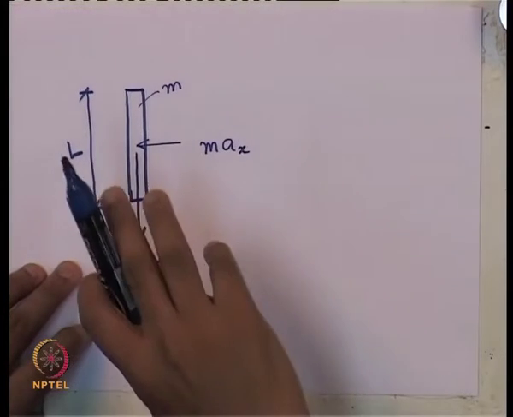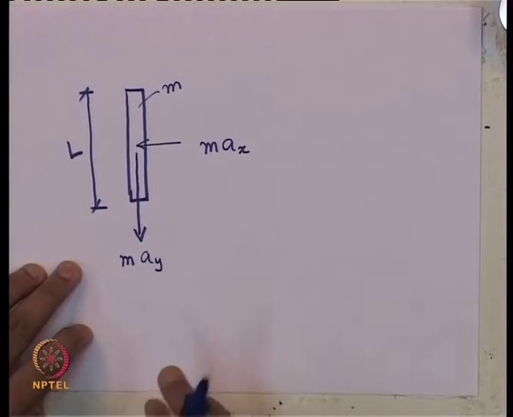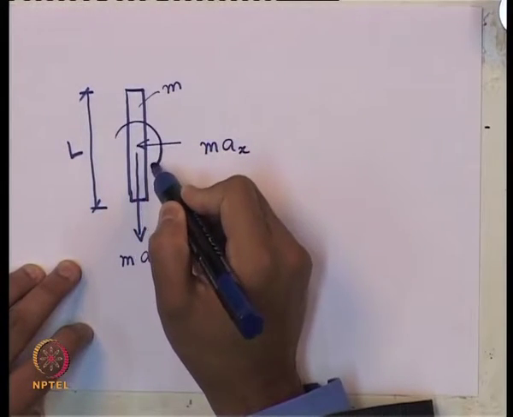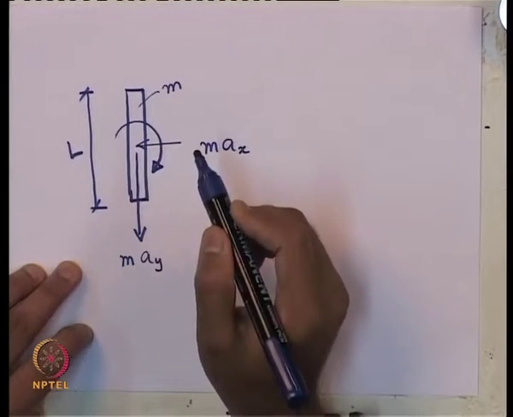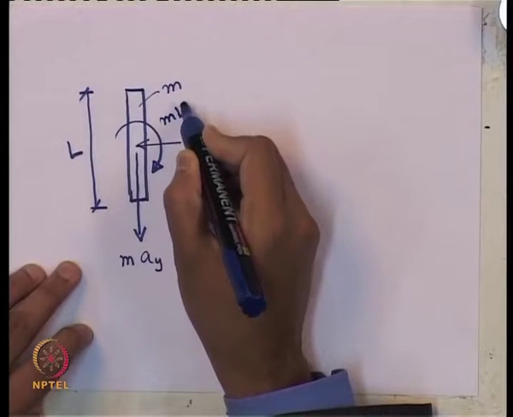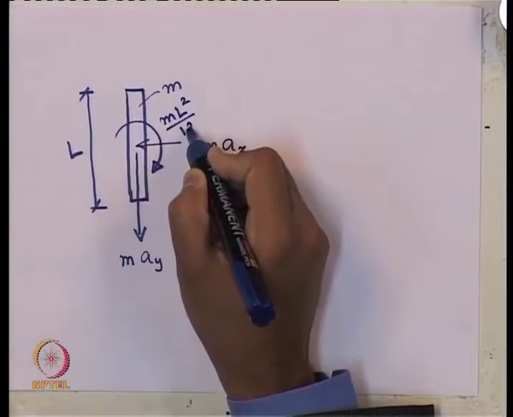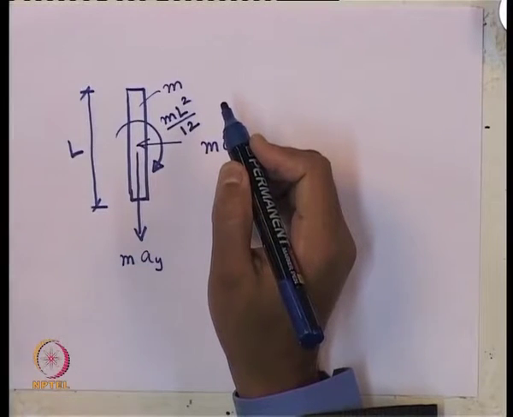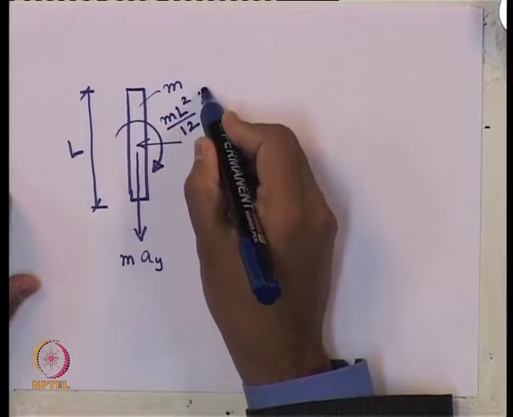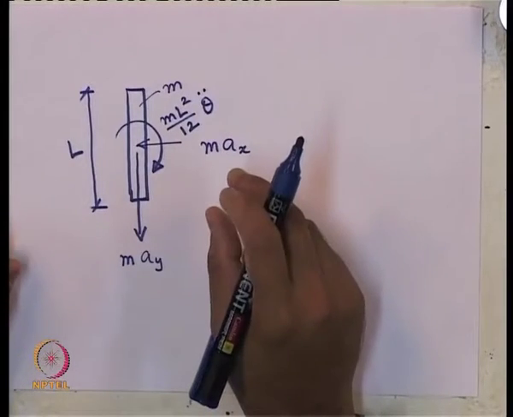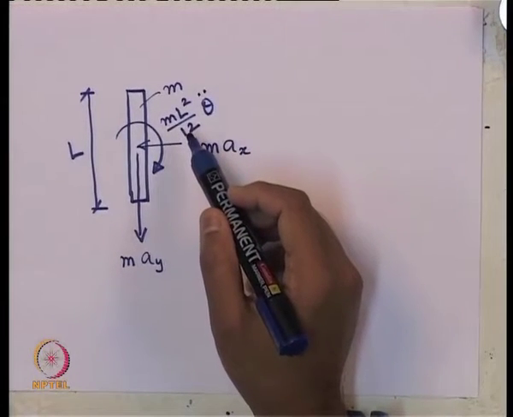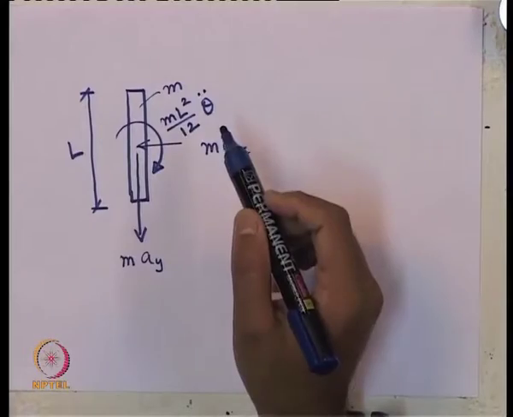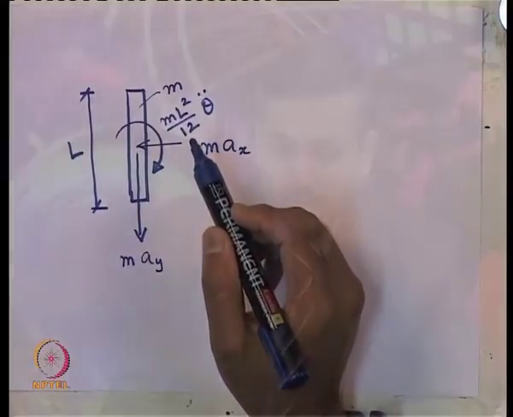If the bar is rotated about its center of gravity, in that case the rotational inertia force for a bar about its center is given by m L square by 12 times theta double dot, where theta is the angular rotation, theta double dot is the angular acceleration, and m L square by 12 is the moment of inertia of the rod about its C g.